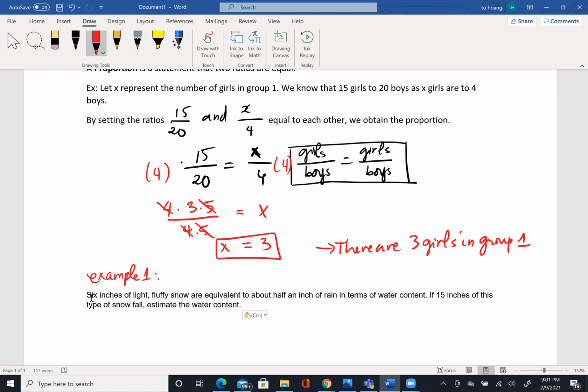If there are 15 inches of this type of snowfall, estimate the water content.